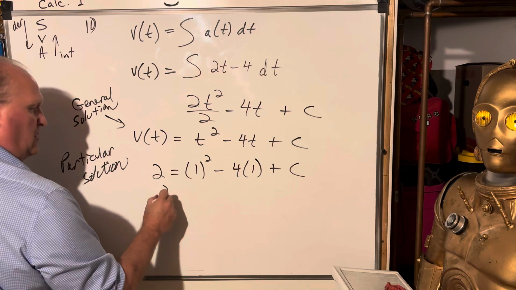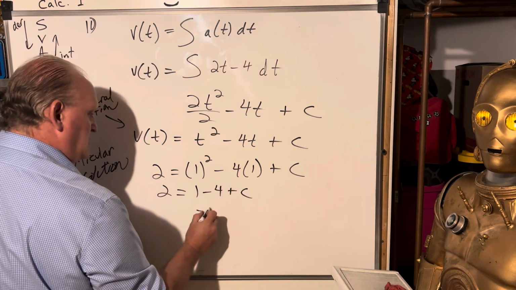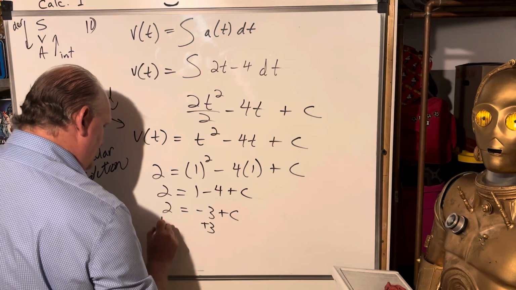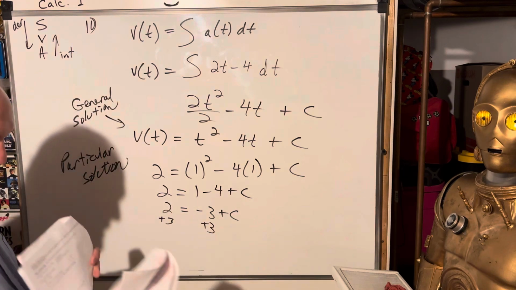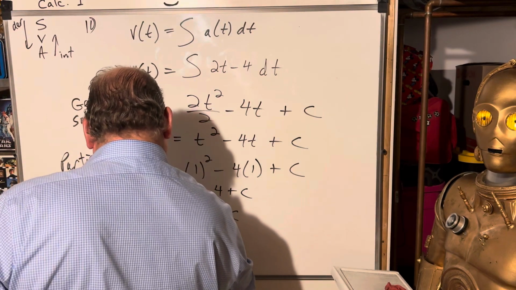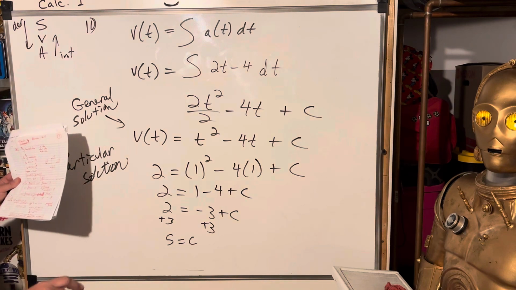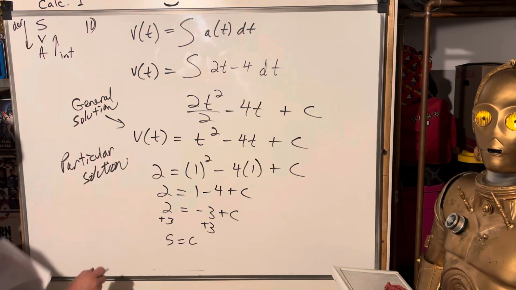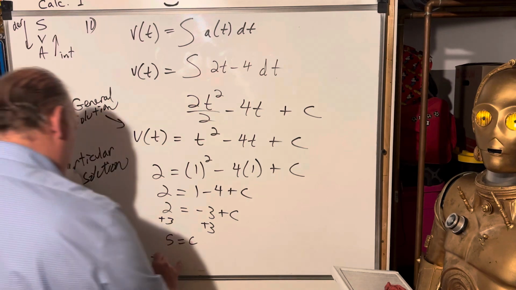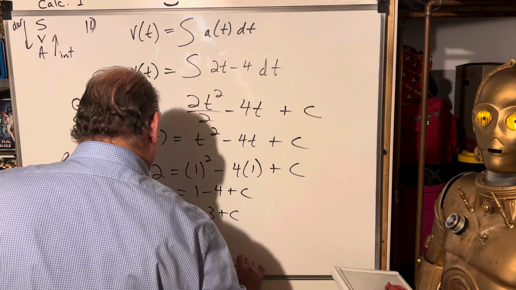Now I could go back to my sweet algebra skills and solve for c carefully. So c is 5. And so the particular solution is v of t, the velocity function, is t squared minus 4t plus 5.